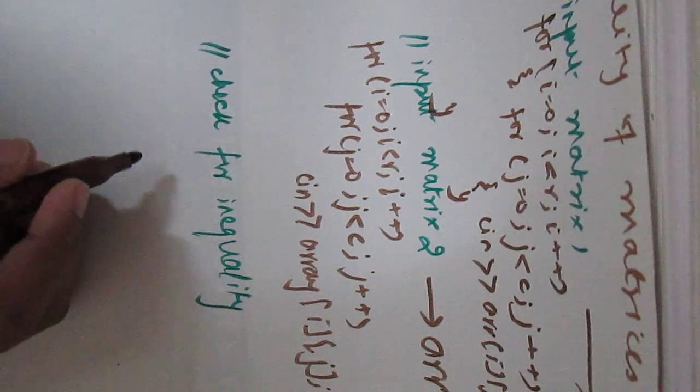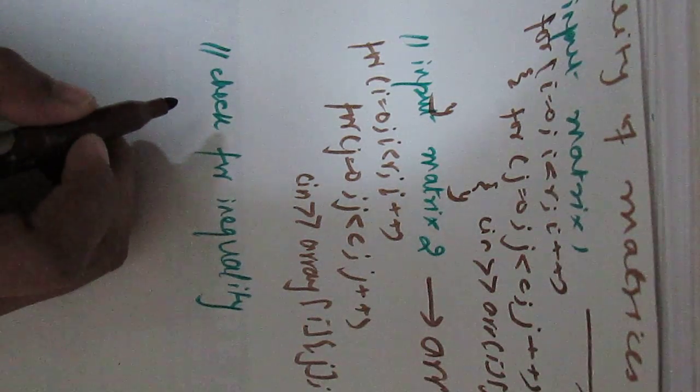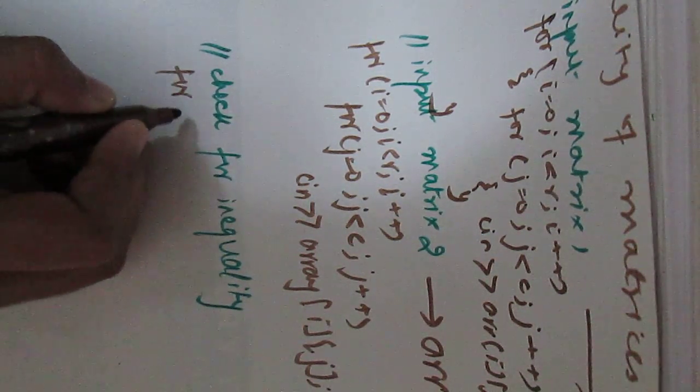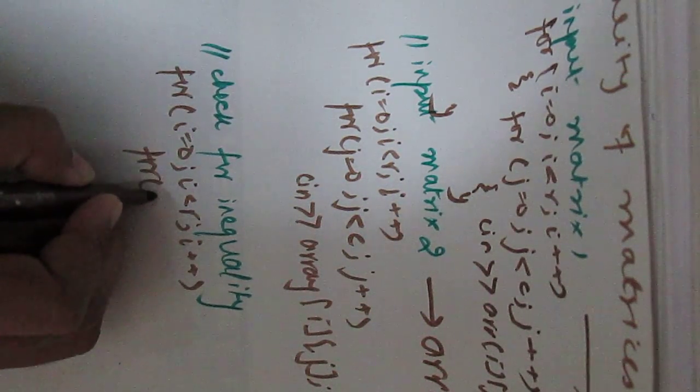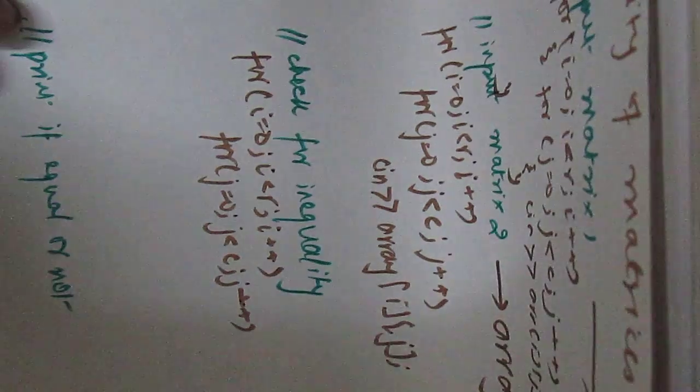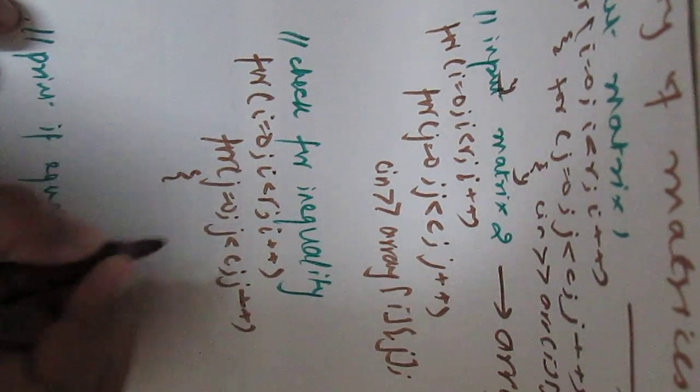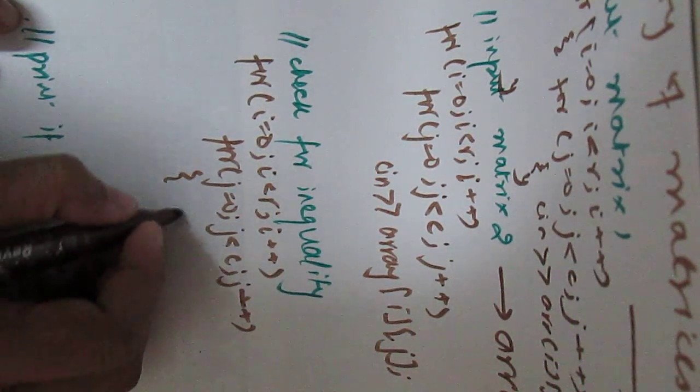So here we go. For traversing the matrices, we always have the nested for loop: for i equals 0, i less than R, i plus plus, and then for j equals 0, j less than c, j plus plus, and then here we have the main procedure.